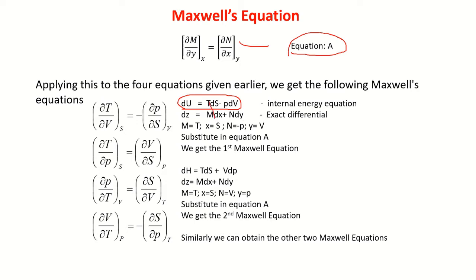By comparing this, M is equal to T, x can be replaced by S, N can be replaced by minus P, and y can be replaced by V. Now go to this equation, put T over here, in the y place you put V, in the x place you put S, similarly in the N place you put minus P. Then you are going to get this equation.